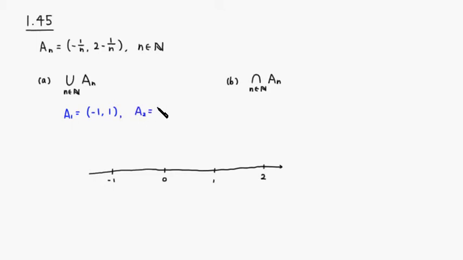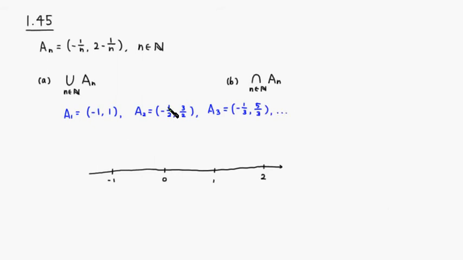Plug in 2: negative 1 over 2, comma, 2 minus 1 half, so 2 is 4 halves, so it's 3 halves. Let's do one more, A3: negative 1 over 3, comma, 2 minus 1/3, so 2 is 6/3, so it's 5/3. And so on.